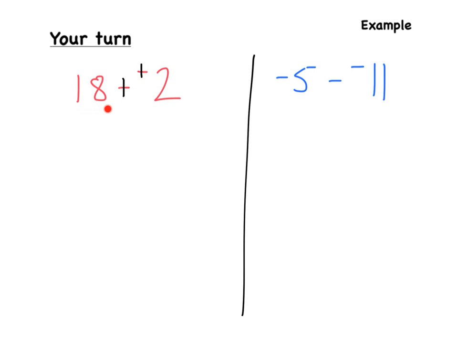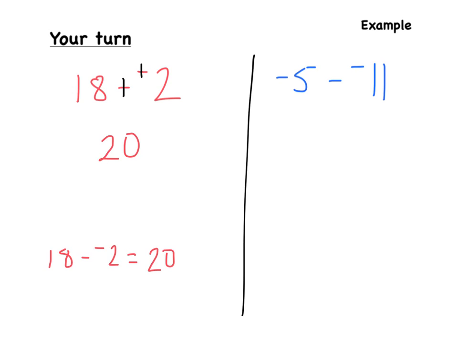So what is 18 plus 2? 18 plus 2 is equal to 20. So if we want to rewrite it to the original form, we'd have 18 minus a negative 2 is equal to a positive 20.